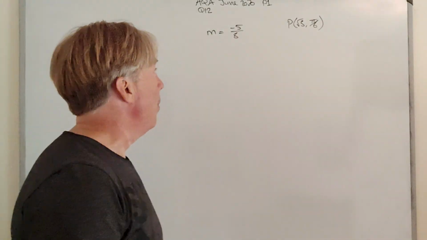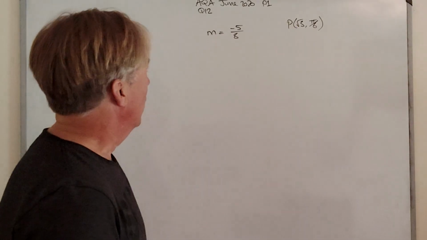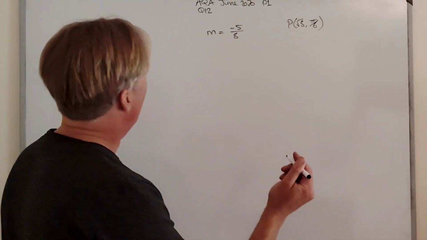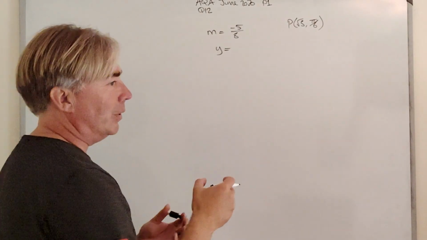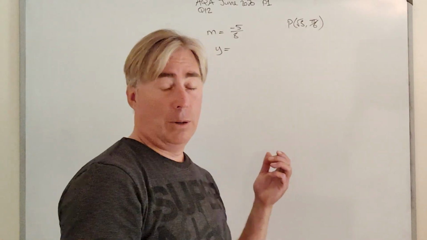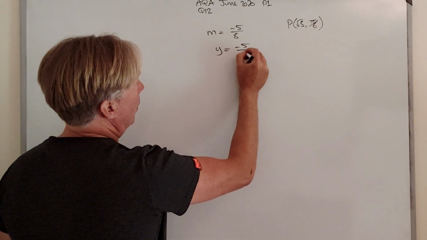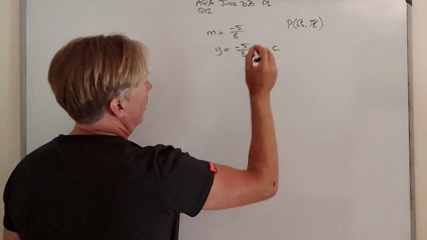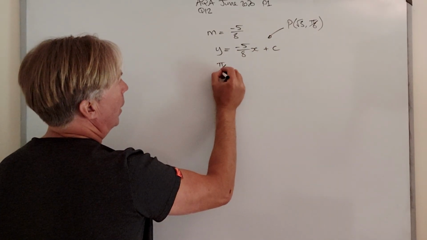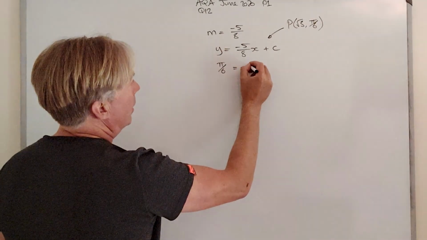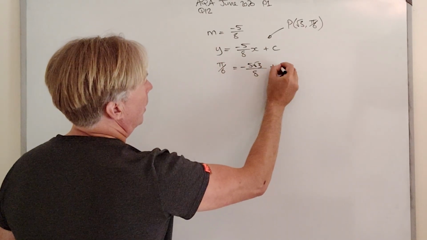Part 4. This is only worth 2 marks, but obviously we're racking them up now, and this is going to be the full 13. What we're after is the equation of the tangent to the curve at point P. So we know the gradient now from the derivative, negative 5/8 x plus c, and we're going to sub in our value of P. So our y value is π/6 equals negative 5√3 upon 8 plus c.